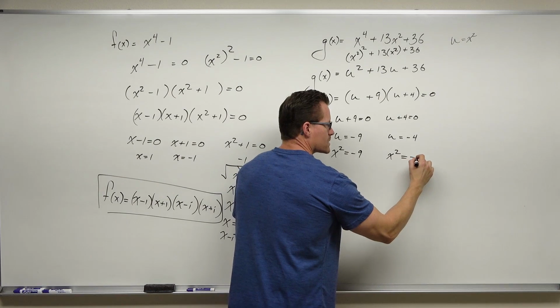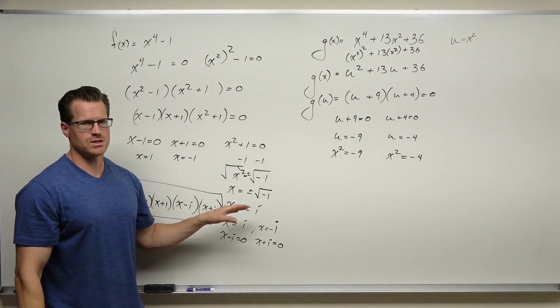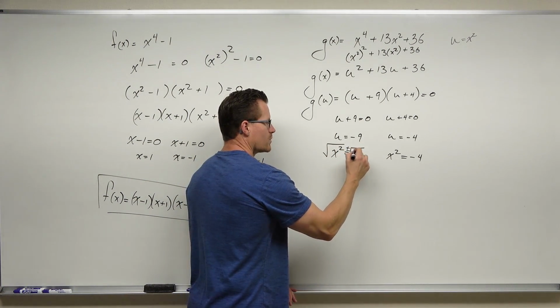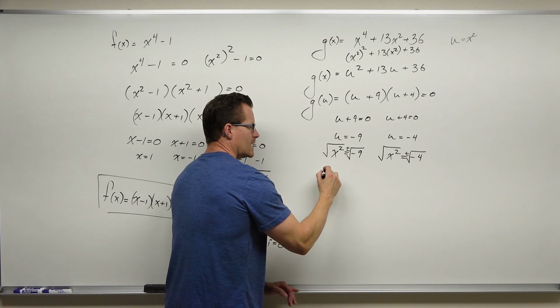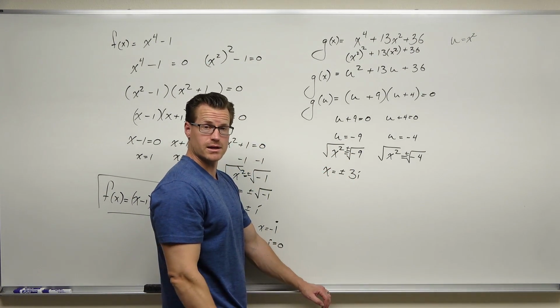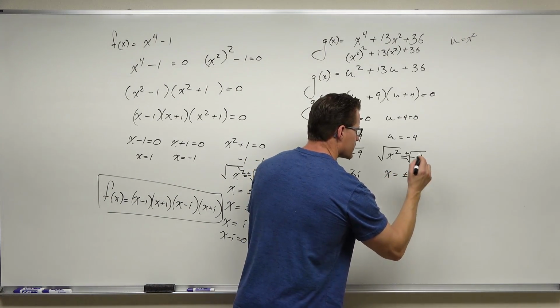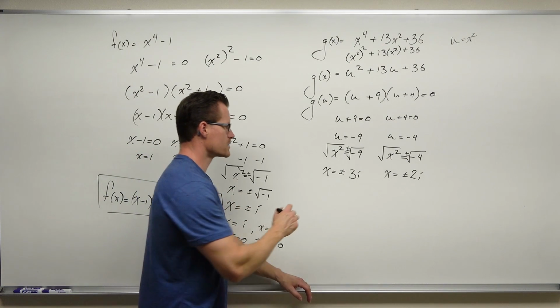Therefore, x squared equals negative 9, x squared equals negative 4, and we run into exactly this same situation where we can take a square root with a plus minus, and we get x equals plus or minus 3i, square root of negative 9 is 3i, and x equals plus or minus 2i, square root of negative 4 is 2i, and this gives us our 4 solutions.